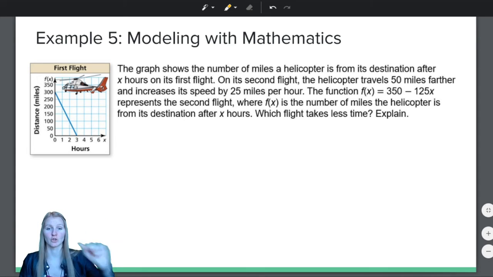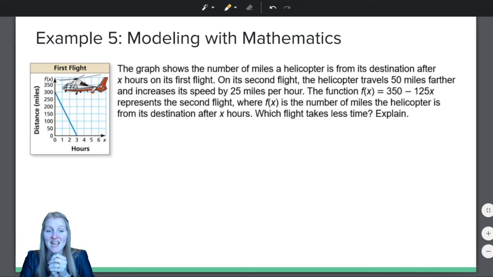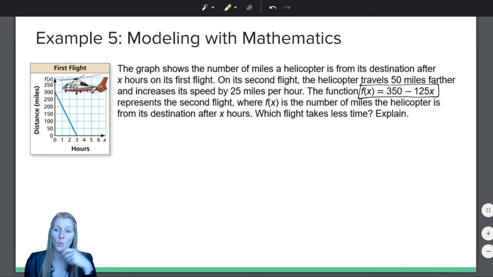One, we're flying to a certain destination. The second flight, we're traveling to a destination that is 50 miles further, and increases its speed by 25 miles per hour. Okay, so we're going 25 miles an hour faster than we were on the first flight. The function f of x equals 350 minus 125x represents the second flight.